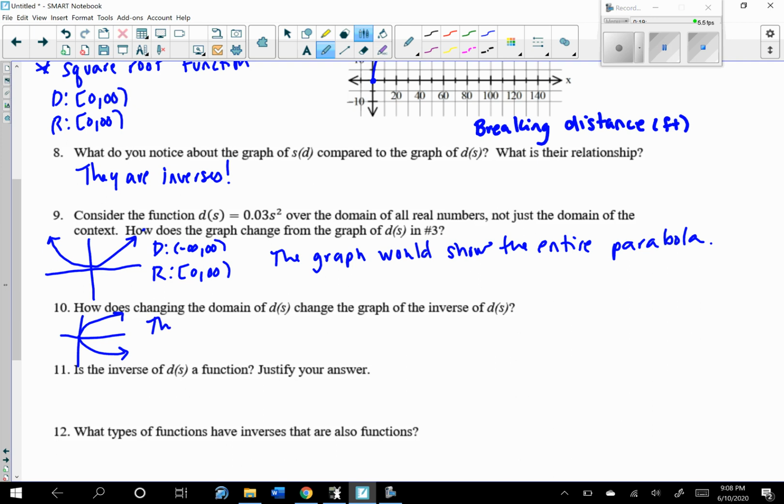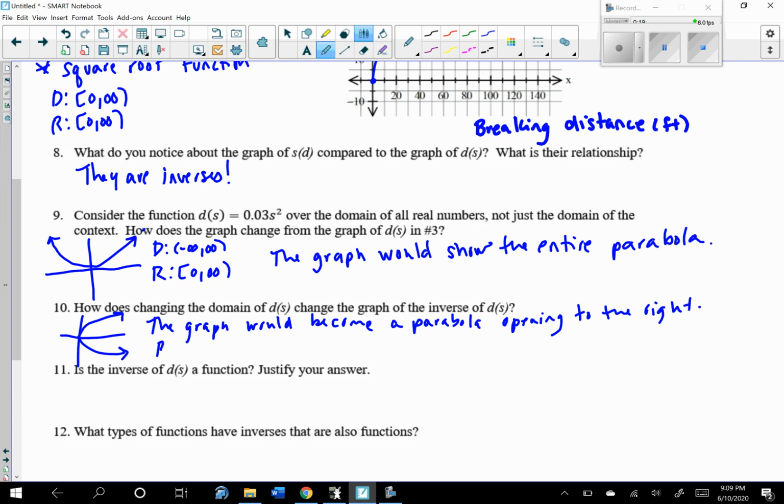So the graph would become a parabola opening to the right.